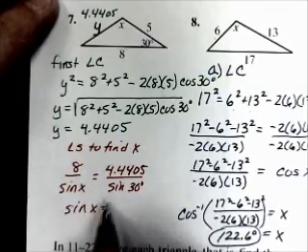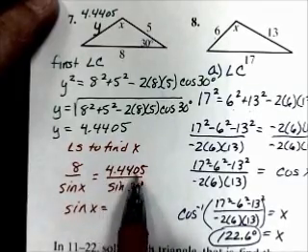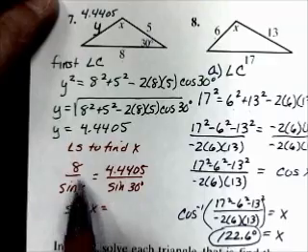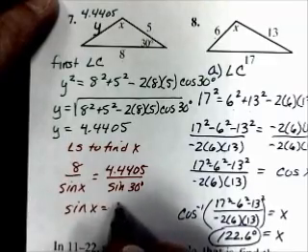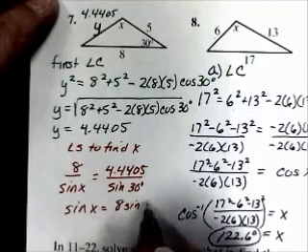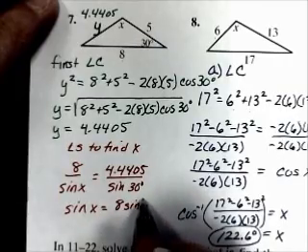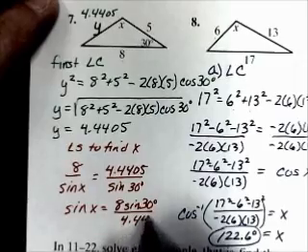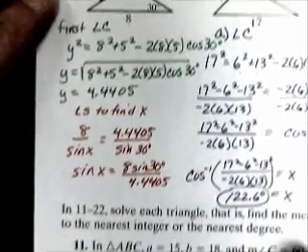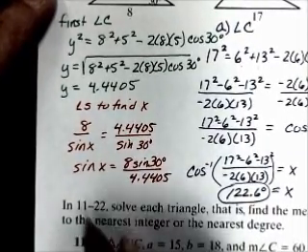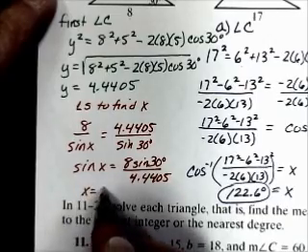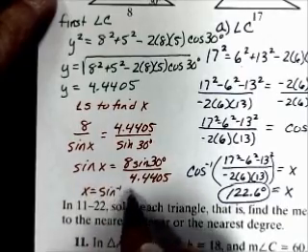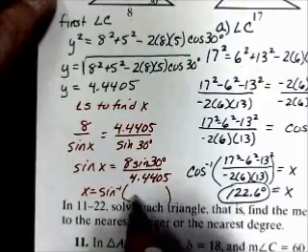When I cross multiply, I get 4.4405 times sine x equals 8 times sine 30, and then I would end up dividing by the 4.4405. So x is going to equal the sine inverse of that fraction above.